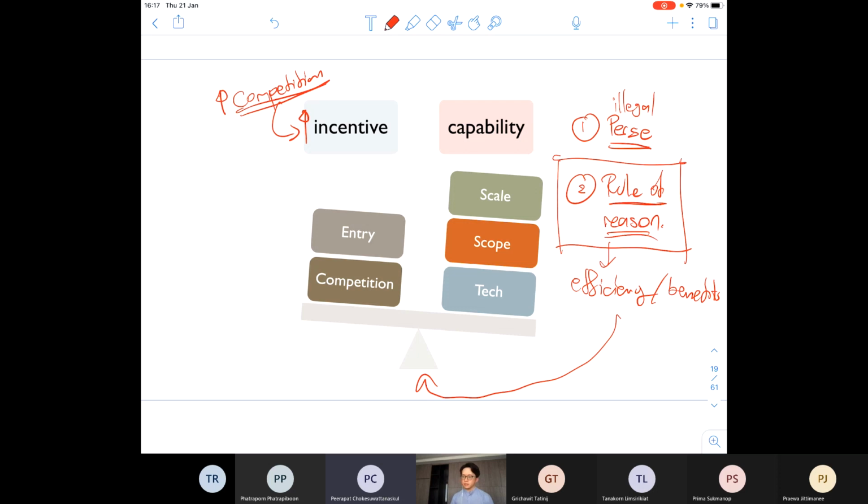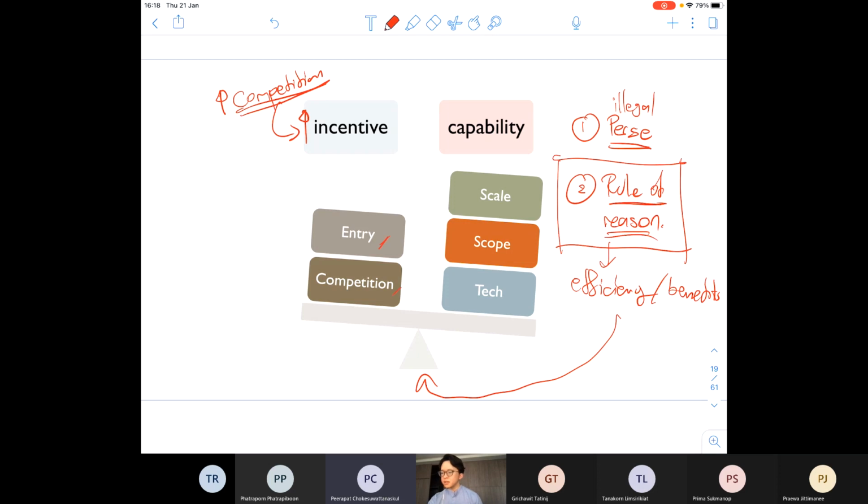If I have more firms competing against each other, then each firm within the market would have more incentive to compete, because I know that if my quality is lacking behind, my competitor will beat me. Consumers will switch to my competitor's products or services. That's just the bright side of competition, where the more competition you have, the more incentive you provide, right?